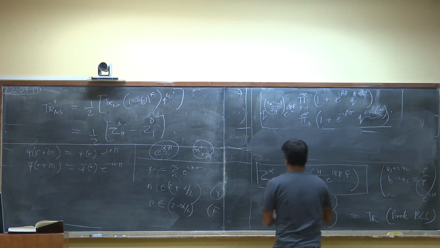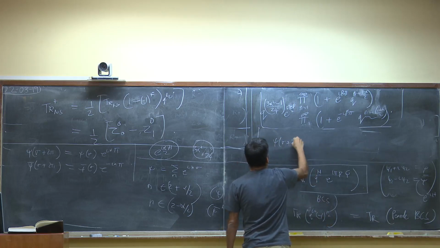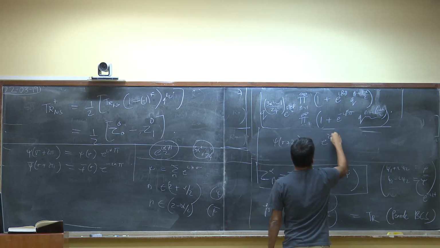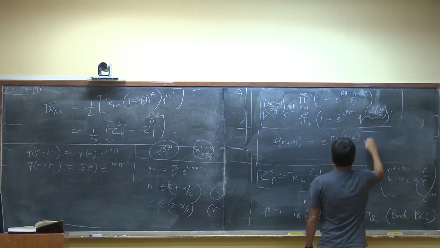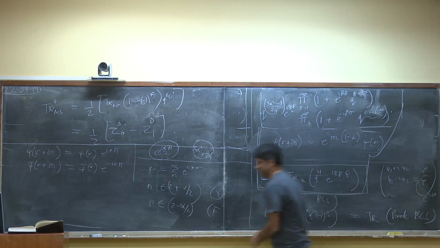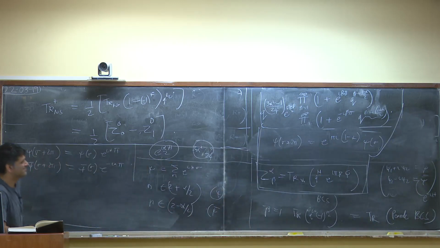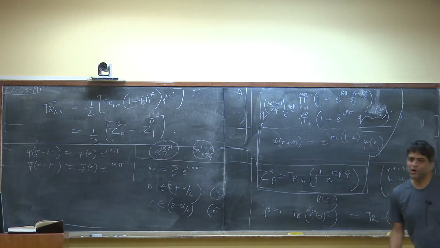This is for psi of sigma plus 2 pi equal to e to the power 2 pi i times 1 minus alpha psi of sigma. Okay. All good? Excellent.